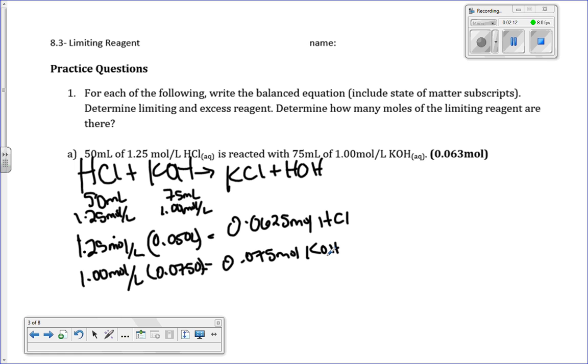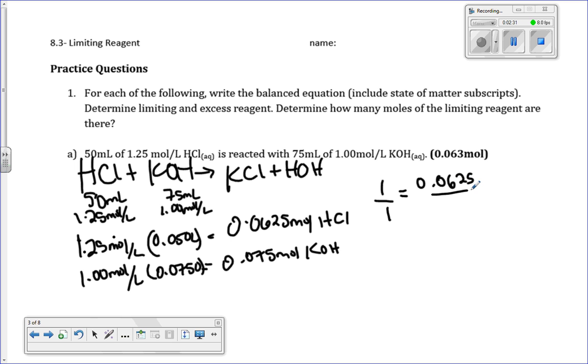The next step that we need to do is look at the mole ratio. So reading left to right, we have 1 mole of hydrochloric acid in the reaction, and we have 1 mole of potassium hydroxide.